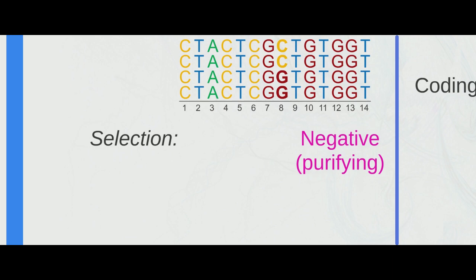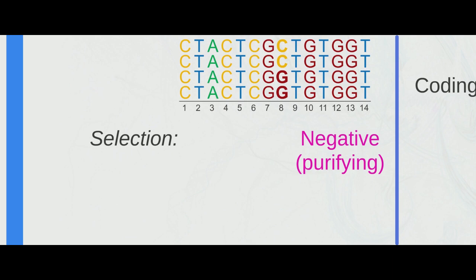If a particular allele gives you a fitness advantage, then that allele will be selected for, and it will end up becoming more common in the population.